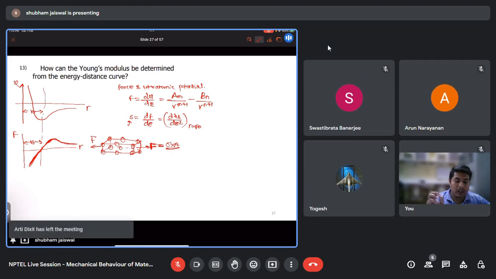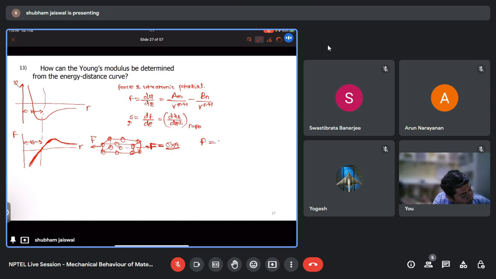If I am considering the force on the individual atoms, it will be the small f. Total force will be equal to the forces on individual atoms into number of atoms.